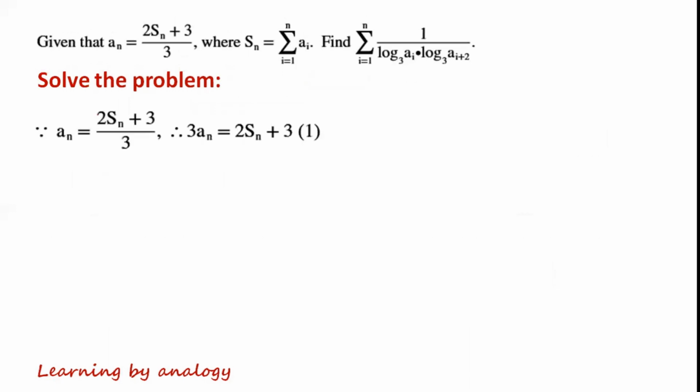Because an equals (2Sn plus 3) over 3, rearranging the equation, we have 3an equals 2Sn plus 3.